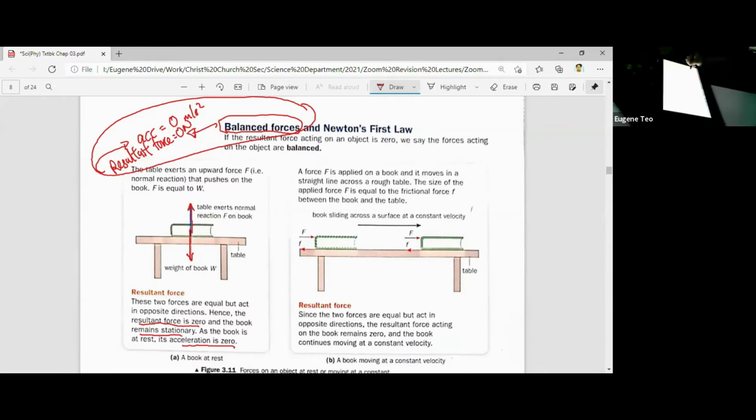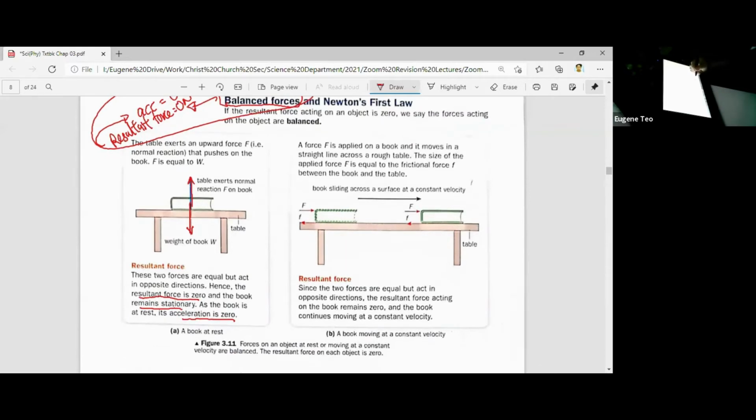Now, resultant force is 0 also tells you that there's no acceleration. So if an object is moving at a constant velocity at the start, and I have two forces acting equal, so I push the book forward, but there's a friction force acting backwards, the pushing force and the friction force are the same amount. They're equal.